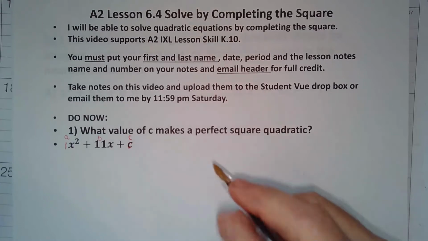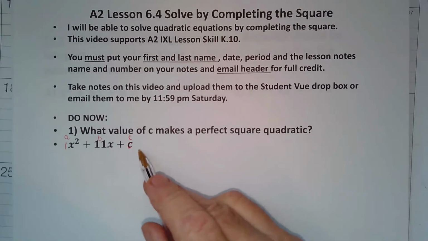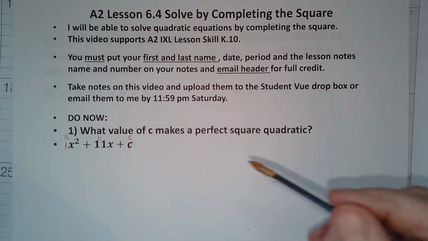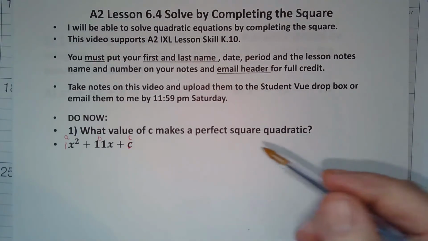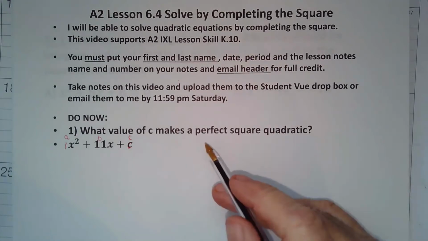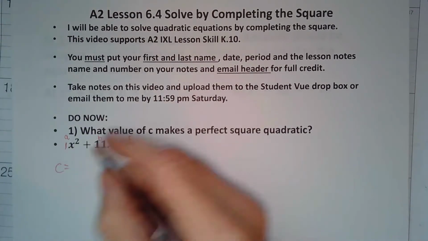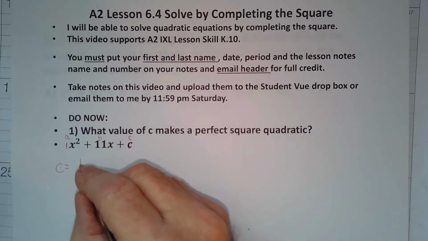So we want to find out what c is. We need to do that when we're completing the square. We did it before, and what we found out was that c equals whatever the value is in b.